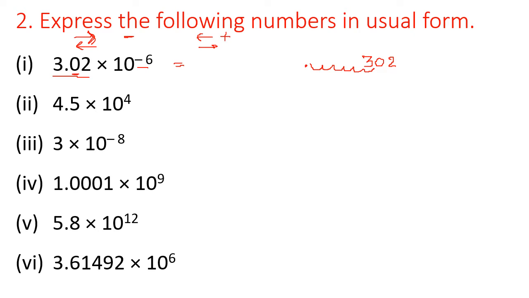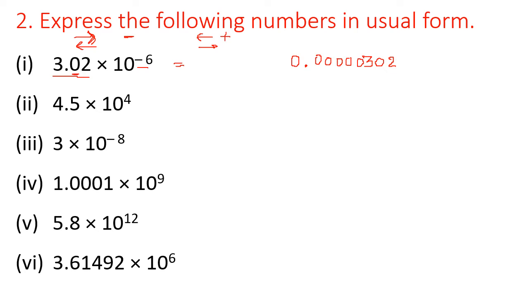Now, in one place there is 3, and the other 5 places are empty. In those empty places you will have to put 0. Nothing before the decimal point, so you will write it as 0. So this is 0 point. What is the answer? It is 0.0000302.